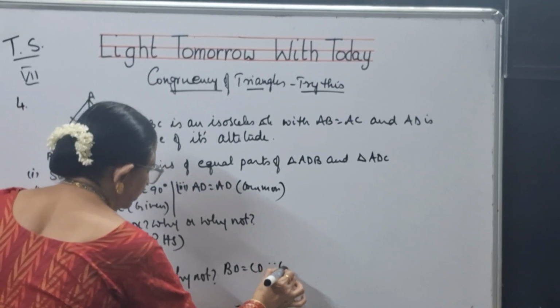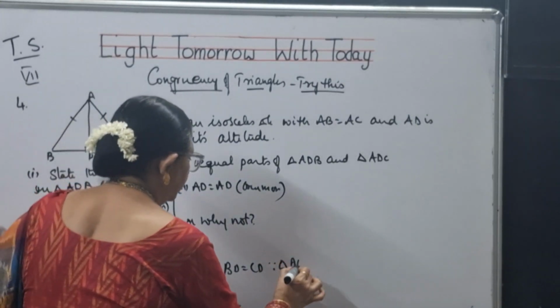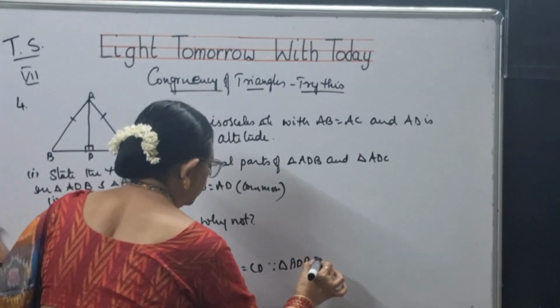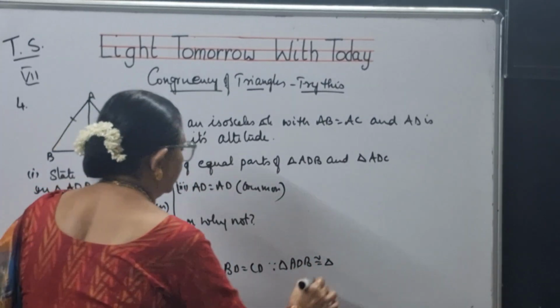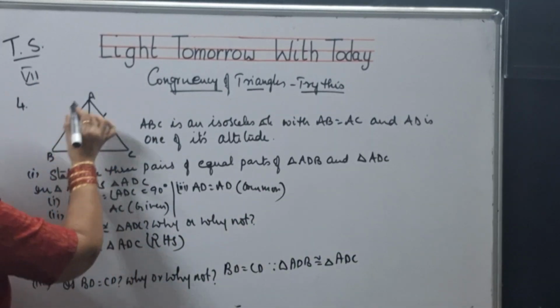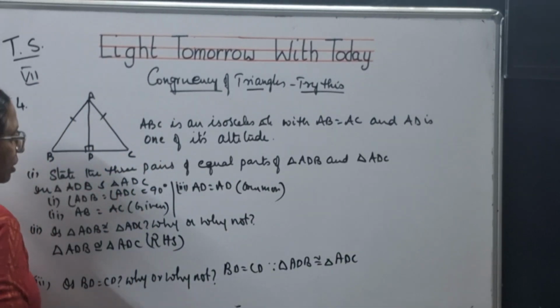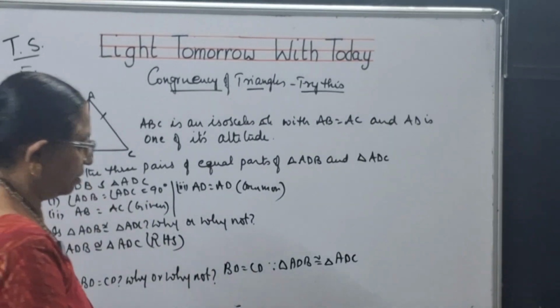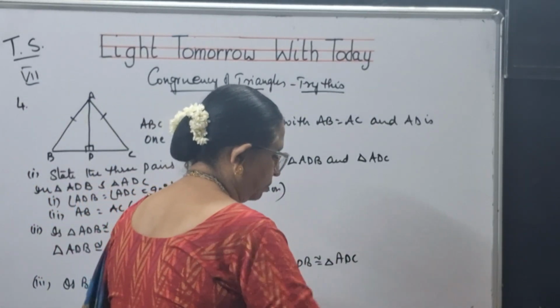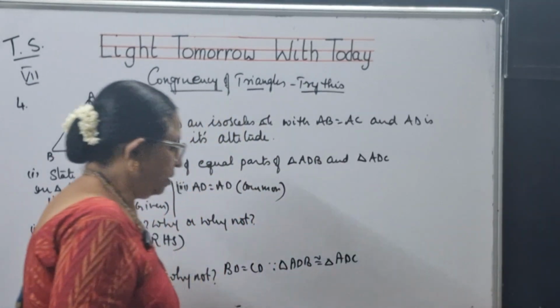Why? Because triangle ADB is congruent to triangle ADC. When these two triangles are congruent, definitely these two sides will be equal. So these are the answers for this fourth problem, children. So please note it down.